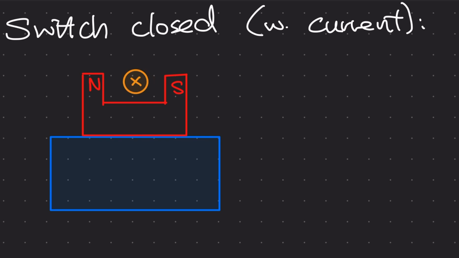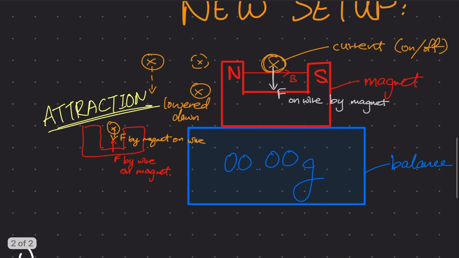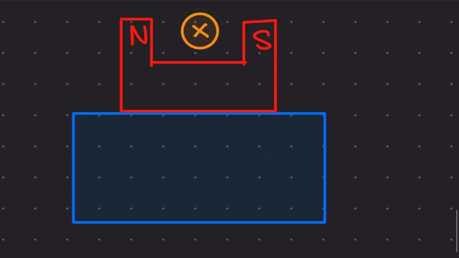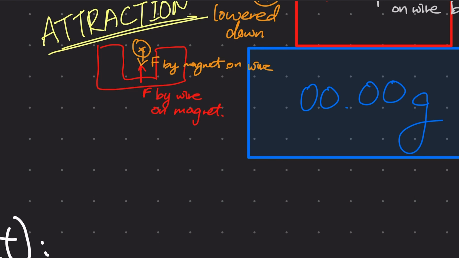If I go back to what I've just drawn, this means that first of all, I'll have a force by the magnet on the wire that's bringing my wire downwards. At the same time, I'm going to have a force by the wire on the magnet that's going to bring my magnet upwards.